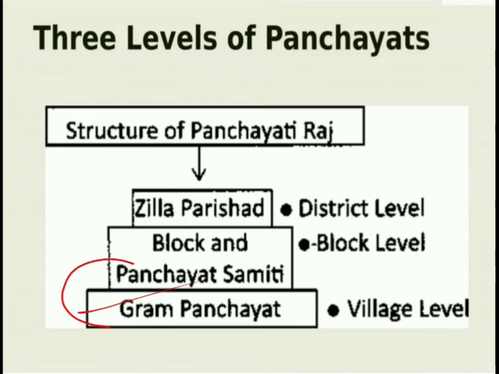In the Gram Panchayat, various ward members as well as the Sarpanch and the Gram Sabha members run the Gram Panchayat government, look after the wards and provide the various facilities to each and every ward of the Gram Panchayat in the village. And which are the functions the Gram Panchayat does? Let us begin the discussion.